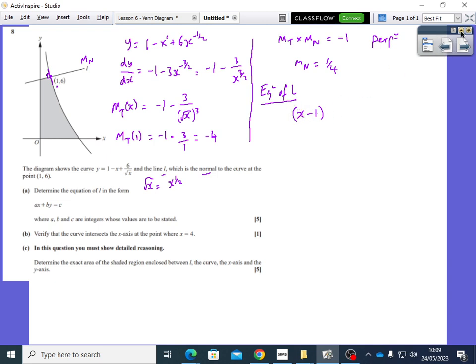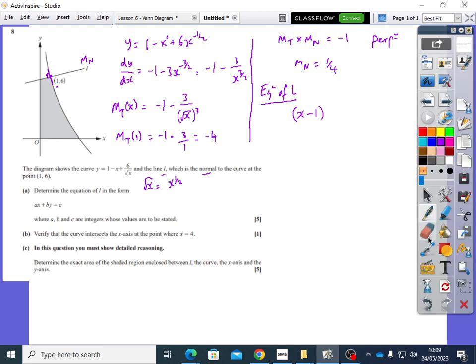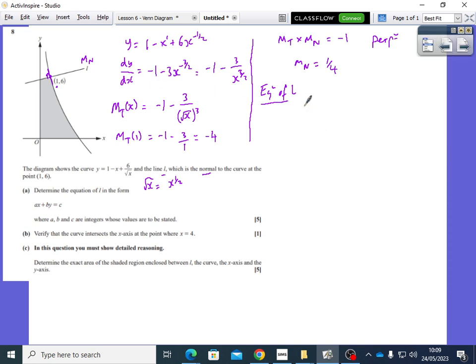Actually, I should put that on the other side. Okay, so first do the y. So y minus the y coordinate is 6, which is equal to m, which is 1/4, times x minus the x coordinate, which is 1.